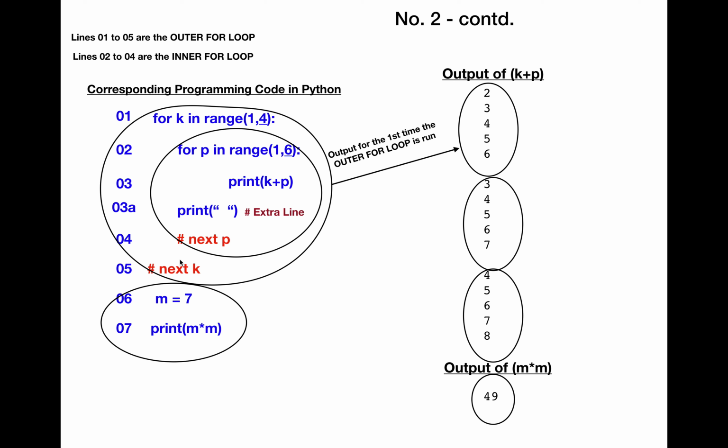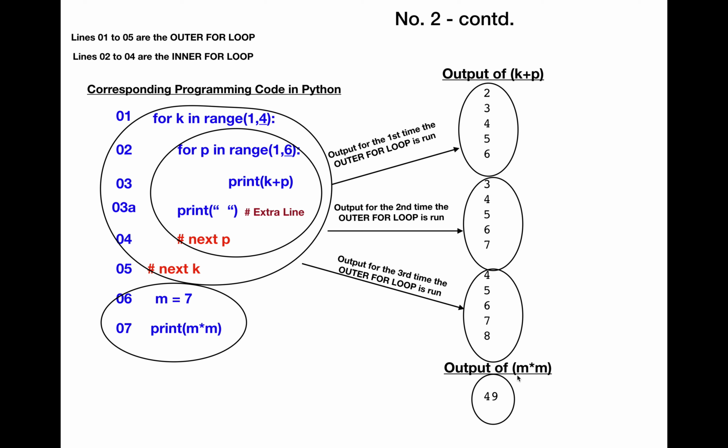And the outer for loop here is circled by this outer circle, circling lines 1 to 5. The second circle here corresponds to the output for the second time the outer for loop is run. And the third circle here corresponds to the output for the third time the outer for loop is run.